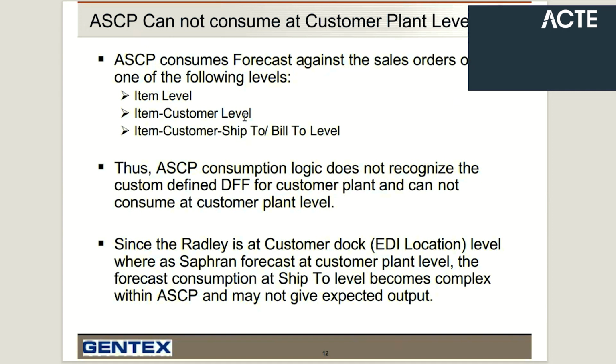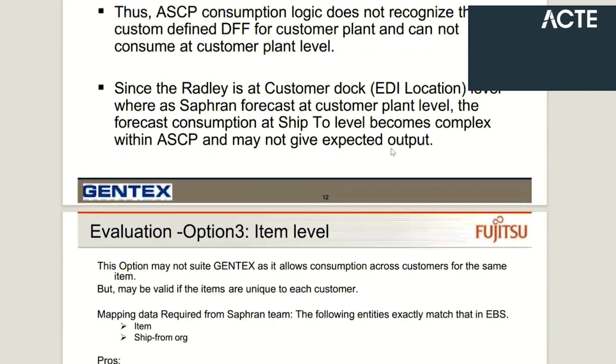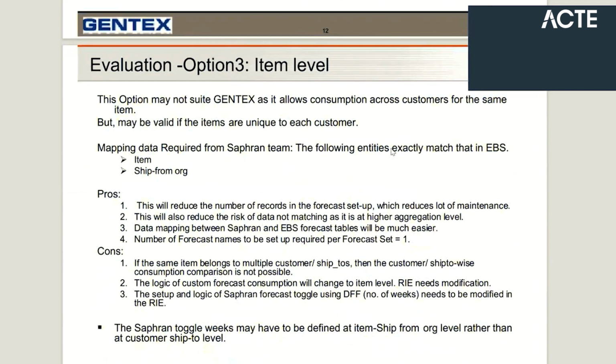Same way, I can say from this customer this much level you recover, and to this ship to location, then it will be item customer ship to or bill to level. Now, option 3 is item level. This option may not suit this. It allows consumption across customers for the same item. It may be valid if items are unique to the customers.